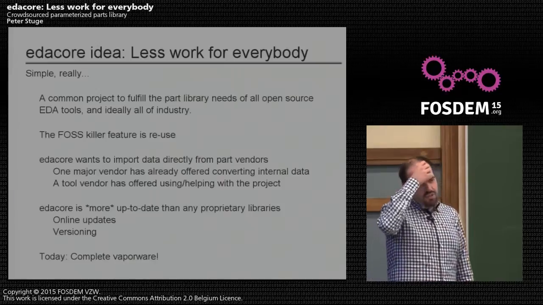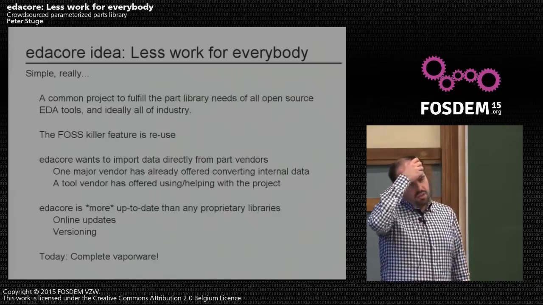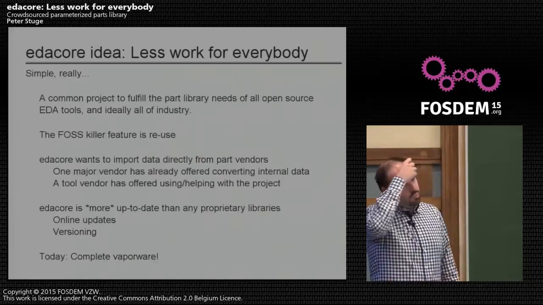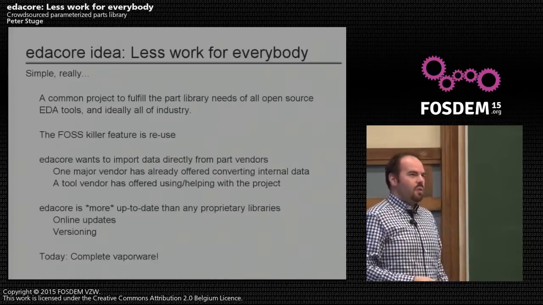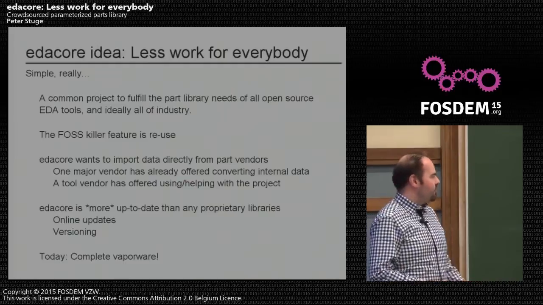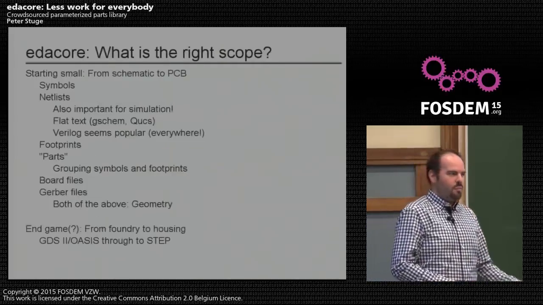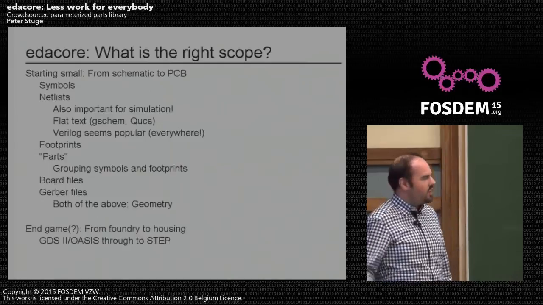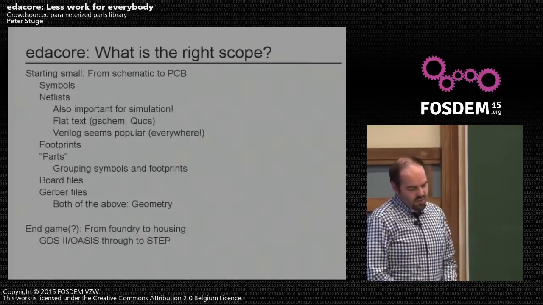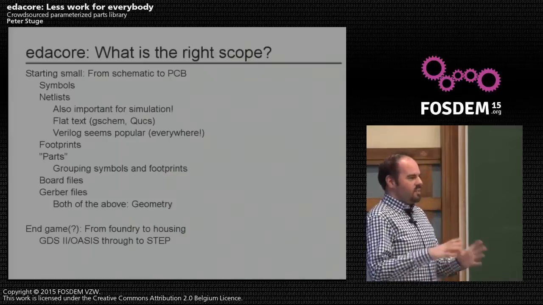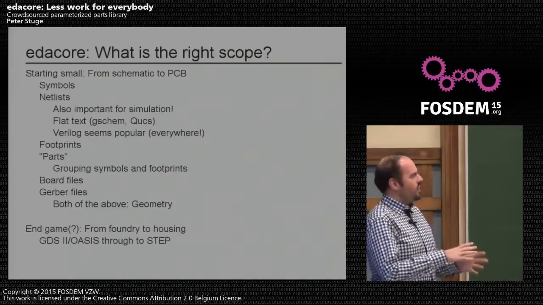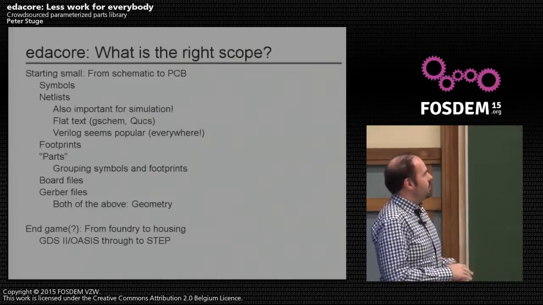Let's see. A question that we have to think about is what is the scope of this going to be? My quite ambitious goal is really to go right from the beginning to all the way to the finished product, but baby steps, right? So I think the first step is somewhere at the schematic-PCB boundary, or perhaps going into both of them a little bit.